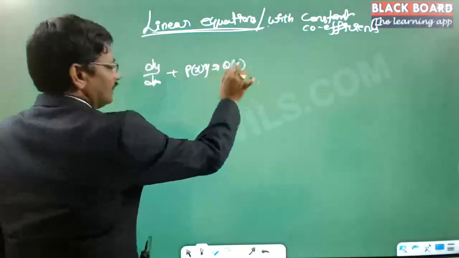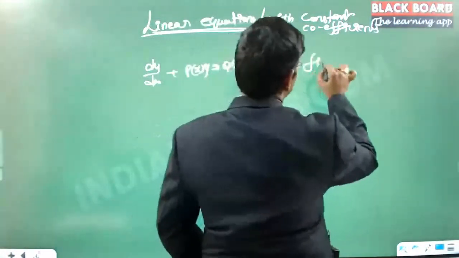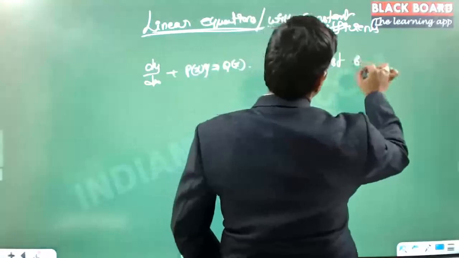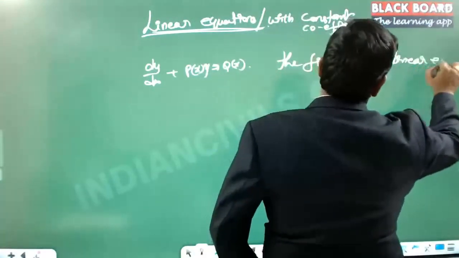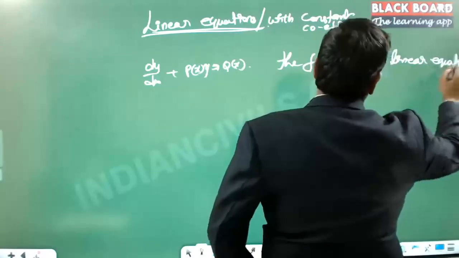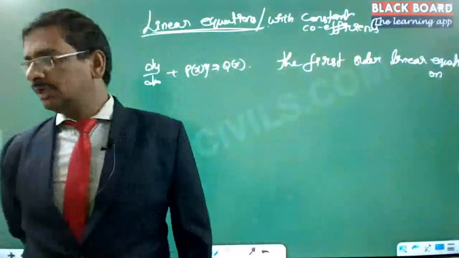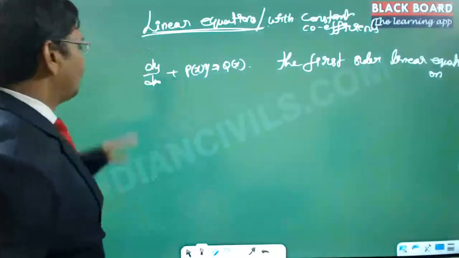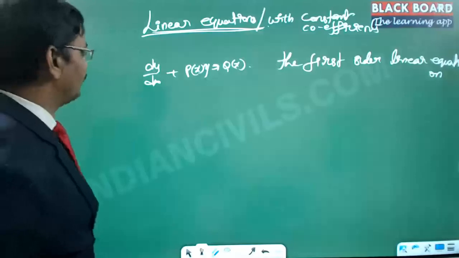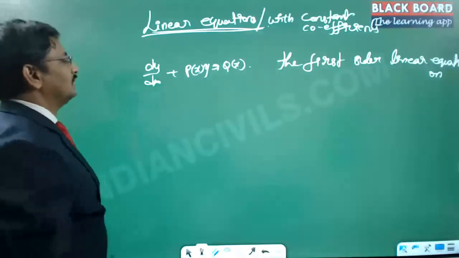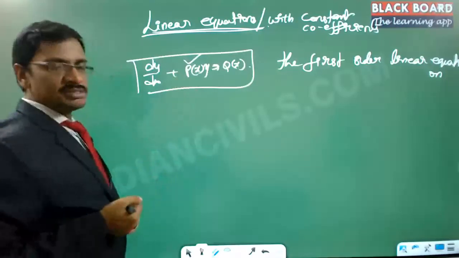So this is the first order linear equation. Now in this, there is a variable coefficient that is going to be present.